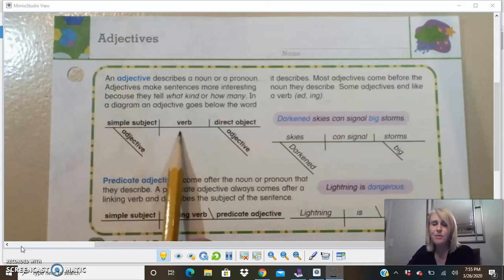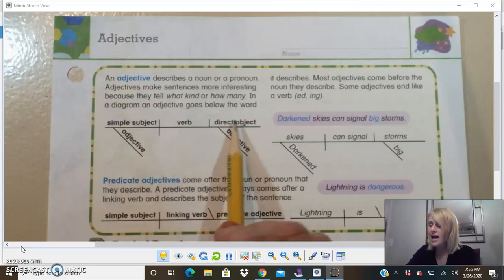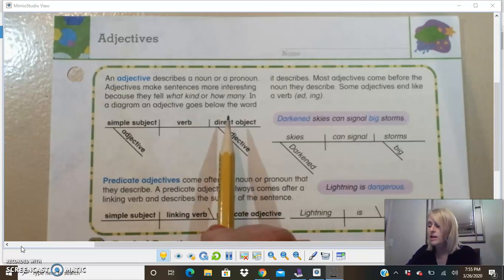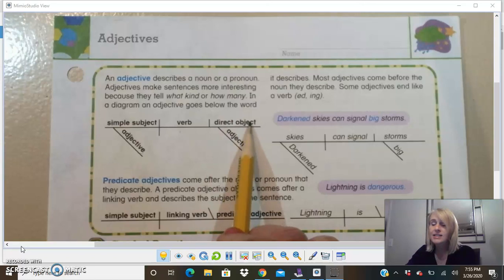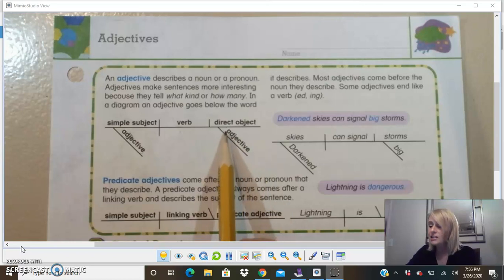Then the verb would be placed right here. If there was a direct object after the verb, it would go right here. And sometimes direct objects can have an adjective describing them, so the adjective on the diagram would be here at a slant.